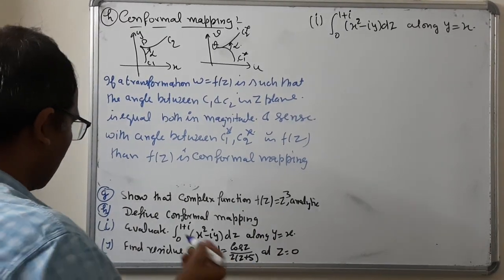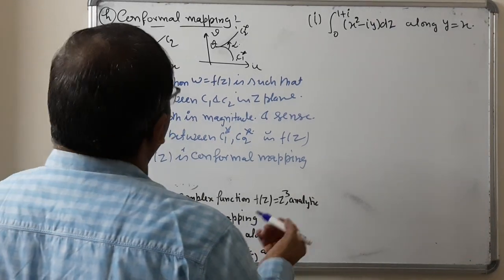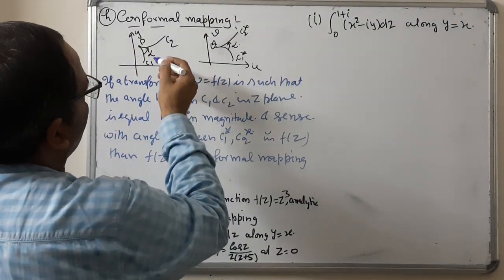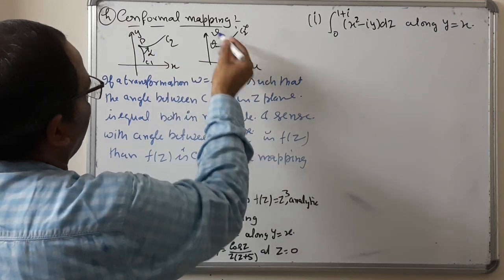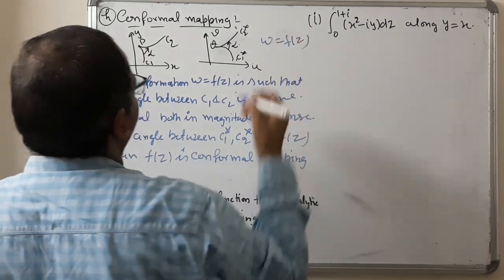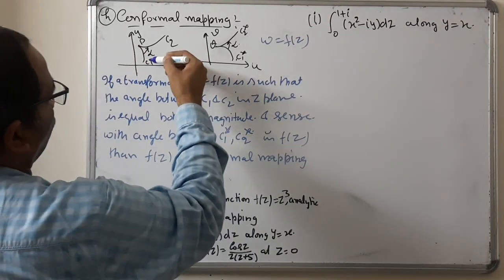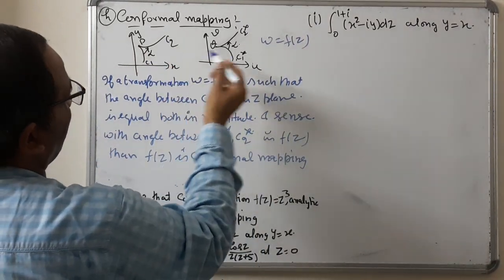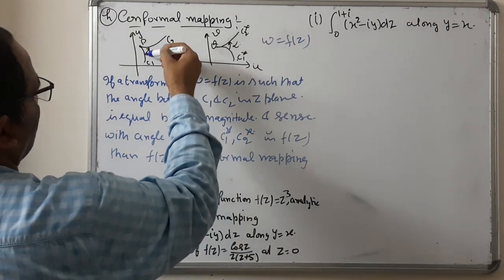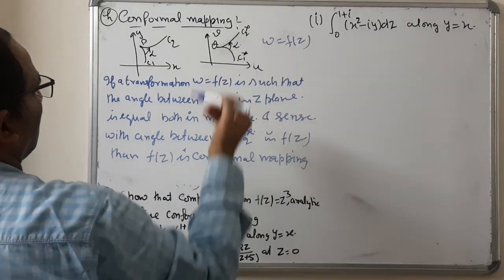Now we come to the H part. Define the conformal mapping. For the conformal mapping, we take the two figures xy and uv, where w equal to f(z) is the mapping. There are two curves c1 and c2, and the images are c1 star and c2 star. The angle between these is alpha, and this is also alpha.